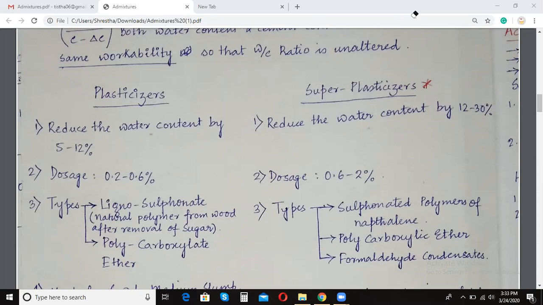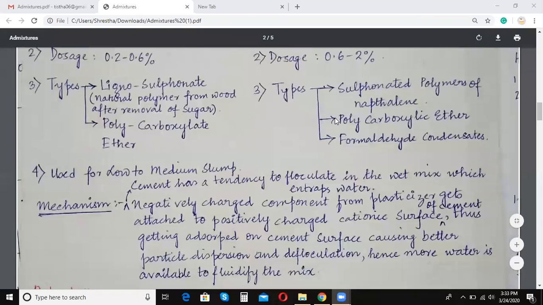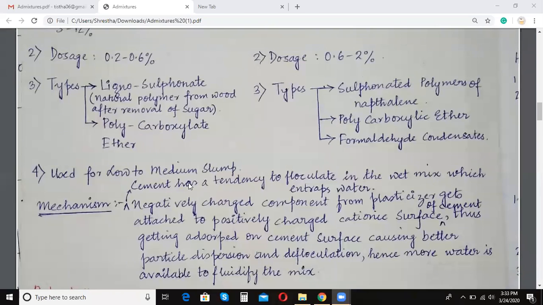Okay, so next we have a short note on the mechanism, the inside mechanism of how plasticizers and super plasticizers work. This mechanism is not important. They never appear in exams, but just for knowledge, I have jotted down the overall mechanism. It says that negatively charged components from plasticizers get attached to the positively charged cationic surface of cement.